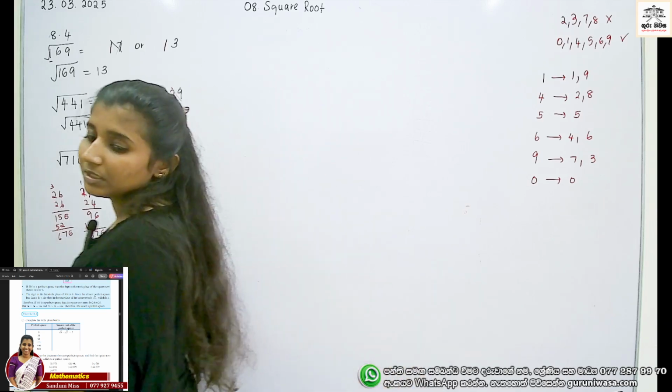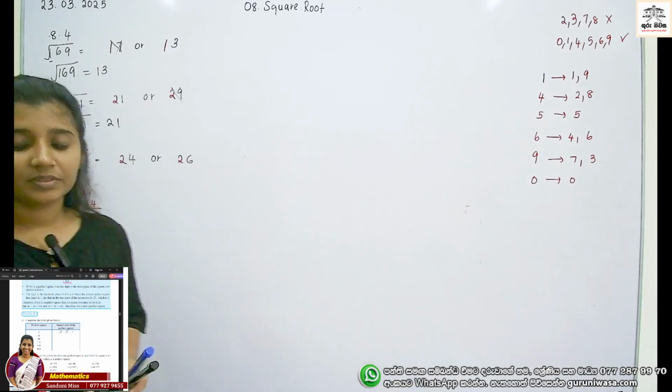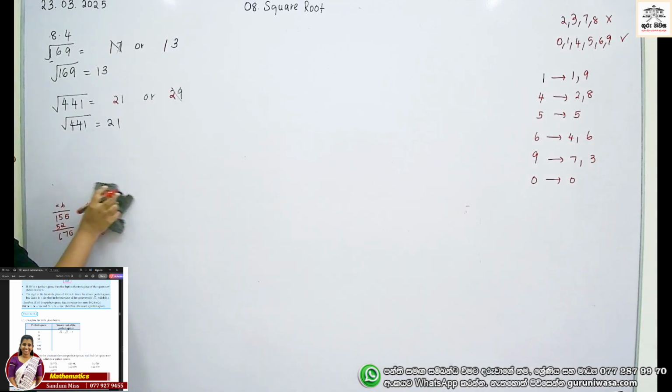Ah, 716 is not a perfect square. That's why. So this is not a perfect square.